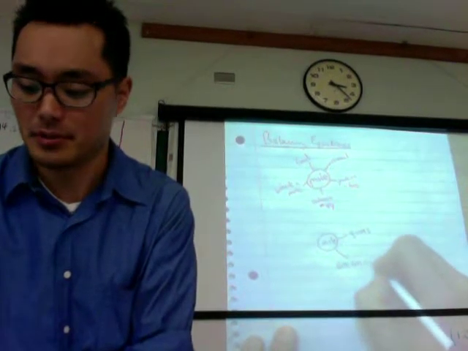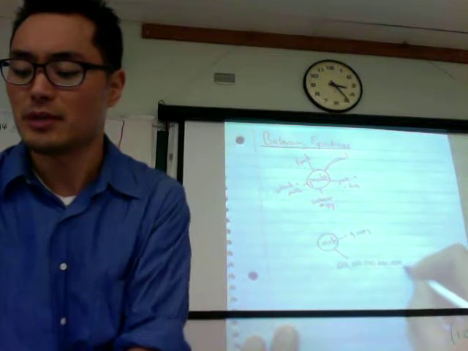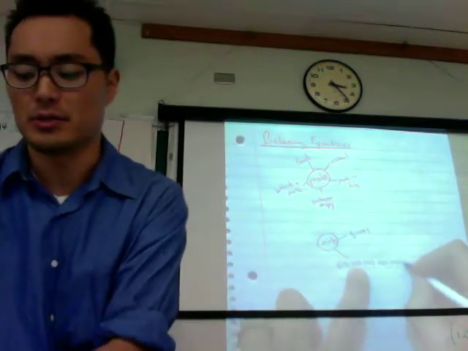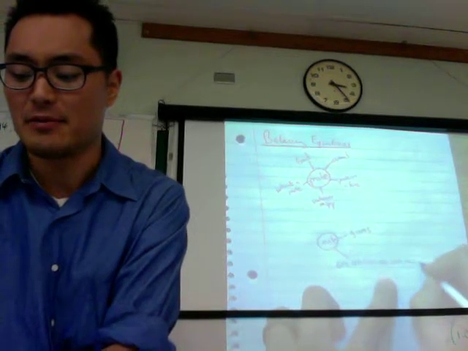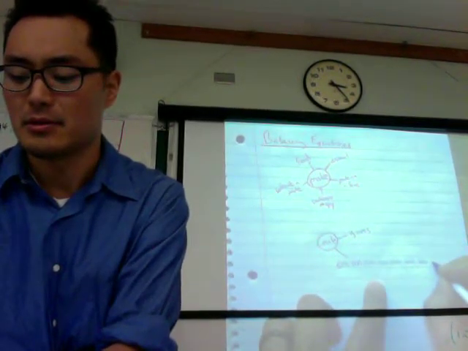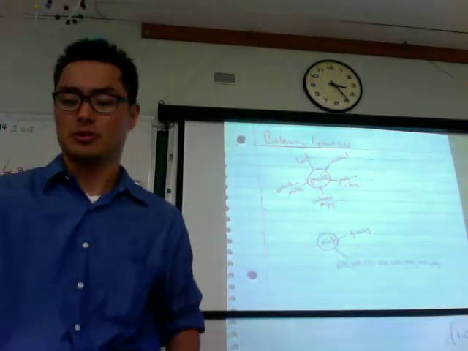Good. Correct. How many zeros after the 602? 20. Close. 21. So 1, 2, 3, 4, 5, 6, 7. 21 zeros after 602. Huge number.